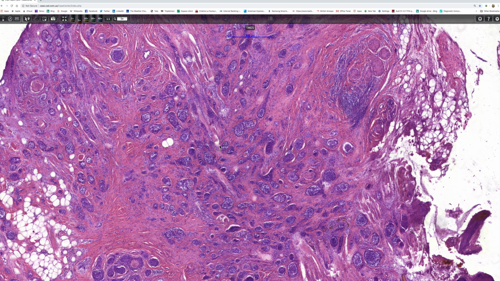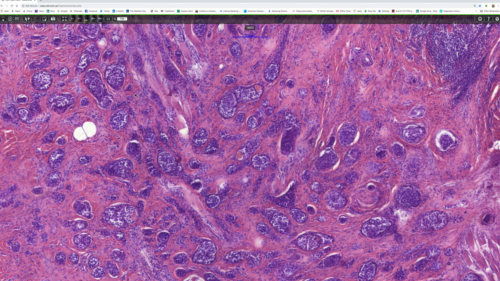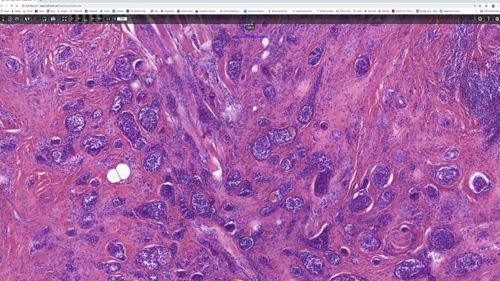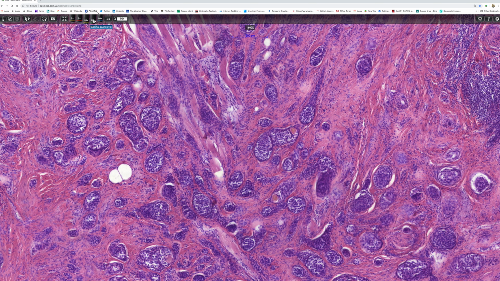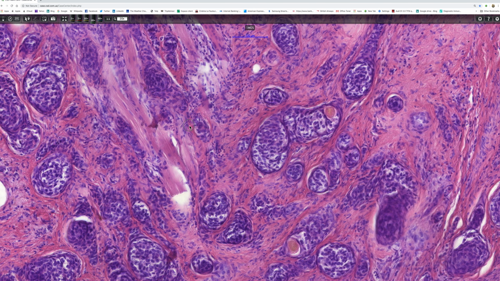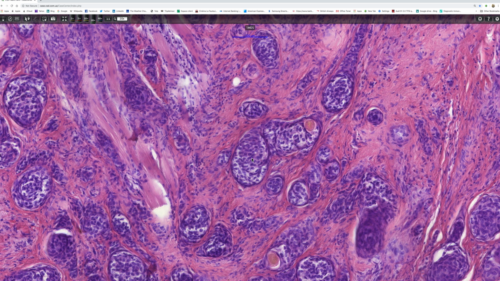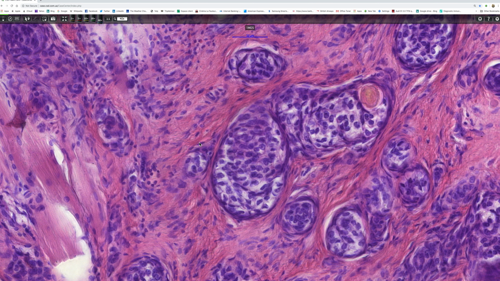And then we can focus on the epithelial component, and this forms rather solid aggregates of cells, which we'll look at in higher magnification. The cells appear very uniform. They're small. They have central oval to vesicular nuclei, sometimes with small nucleoli.